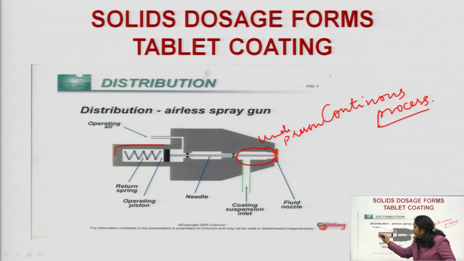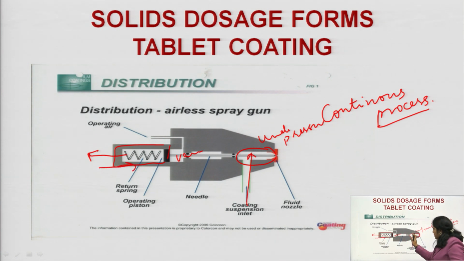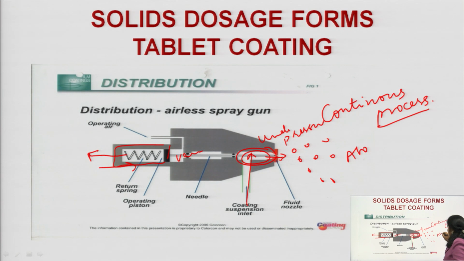There is a spring. When this spring is pulled back, this piston is moved, a vacuum is created here, and the coating solution is sucked inside. When we push the piston, the coating solution under high pressure comes out of this nozzle and is sprayed into fine droplets, the atomization process.